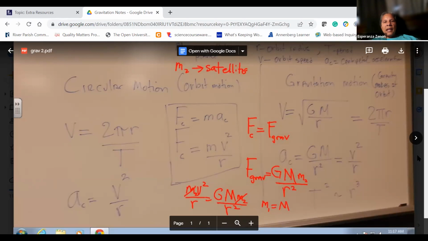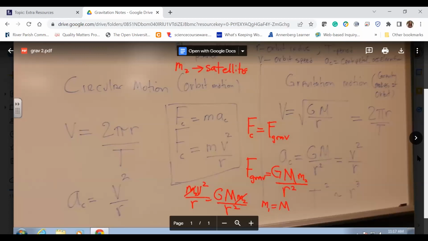I think we covered that after the midterm because of the timing issue. But we have covered circular motion, because I did the example of which satellite moves faster, the LEO or the GEO. I did that example with you. And that relies on our circular motion formulas.